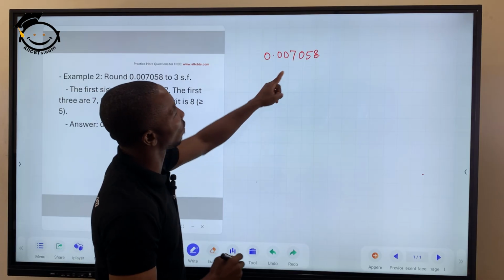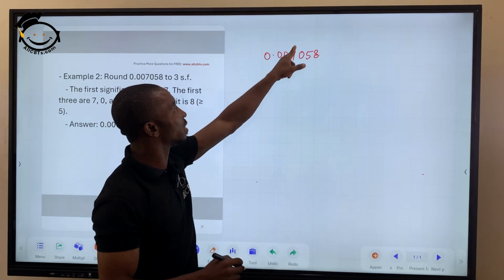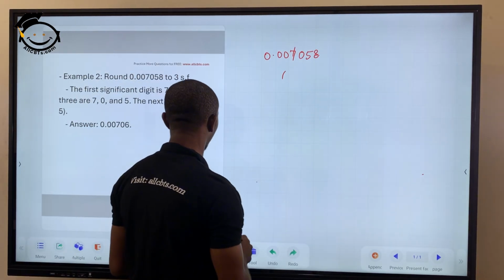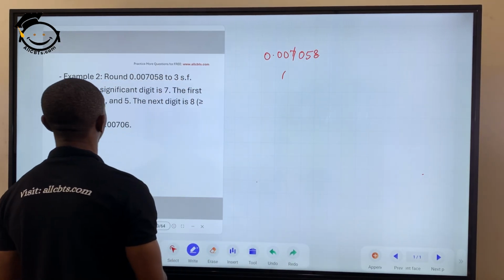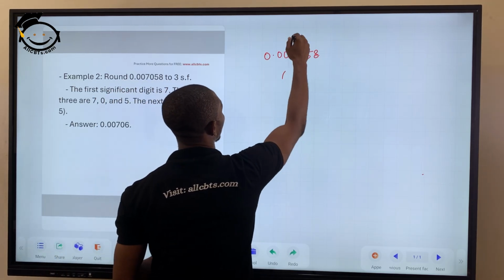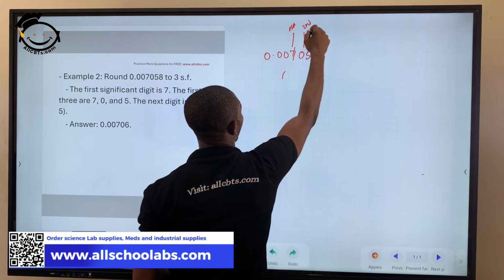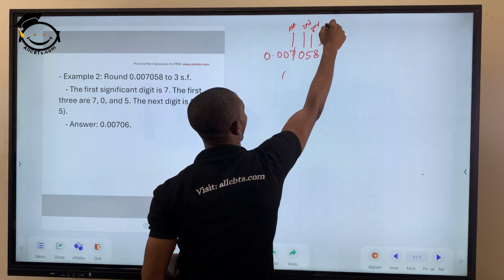Now the first significant number from here is 7. That's our first non-zero digit. So our first significant number is 7. Okay, then followed by 0. So this is the first significant number, second, third, and fourth.